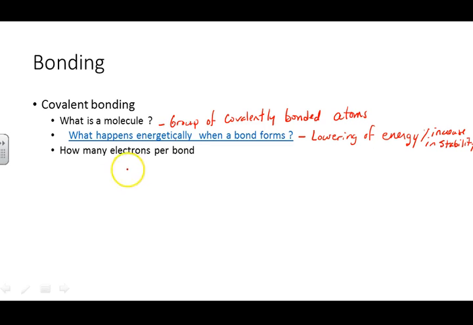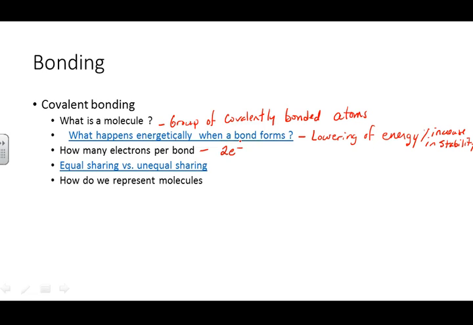So whenever we have a covalent bond, how many electrons are there per bond? The answer to that is 2 electrons. Every covalent bond is going to have 2 electrons. Then we also have the ability, different atoms have different electronegativities, so we don't necessarily have to share them equally. And so what we would look at here, if we have something like two hydrogens, hydrogen and hydrogen, if we were to look at their electron clouds, or the electron cloud that exists in the space in between, we may have something that looks sort of like this, sort of football shaped.